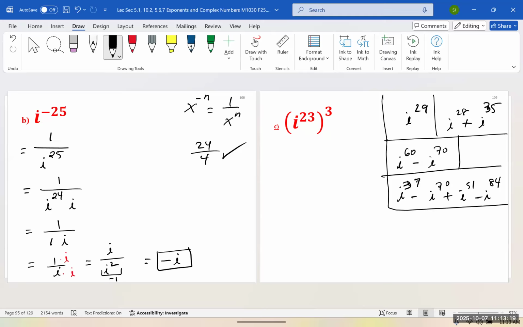Reduce the power of I. Is it easier if you add the powers or do it separately? You cannot add the powers. For example, exponent rules. If you have x to the m minus x to the n, can you do anything with the powers? For example, if you have x cubed and x squared, can you combine the powers?